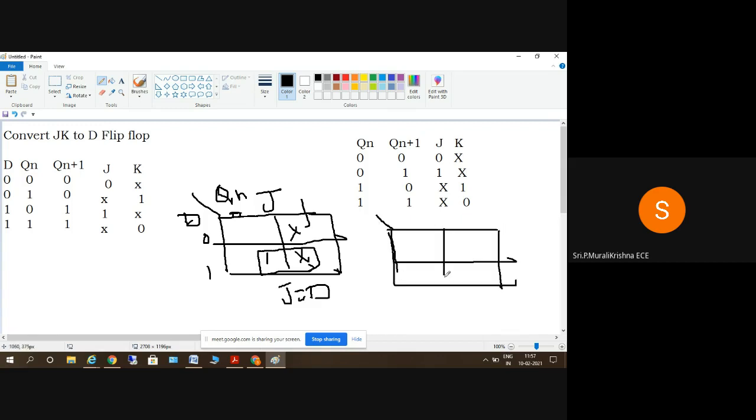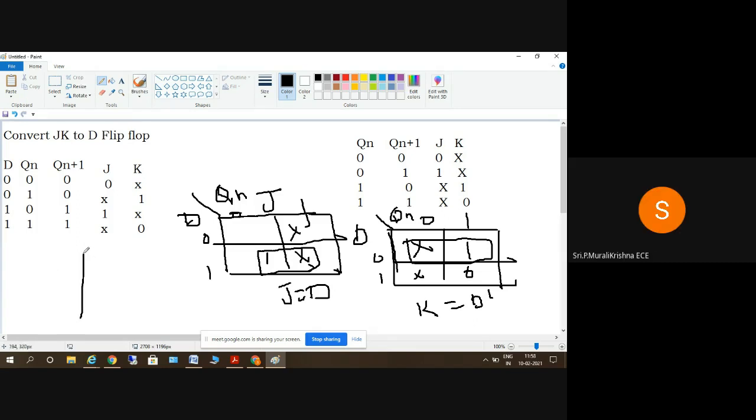For K here, D and Q of n, 0, 1, 0, 1. So don't care 1, don't care 0. So K is equal to D bar. Clear? Yes, sir.